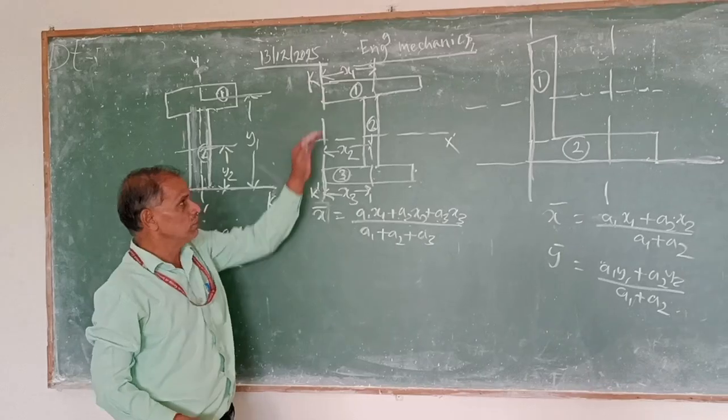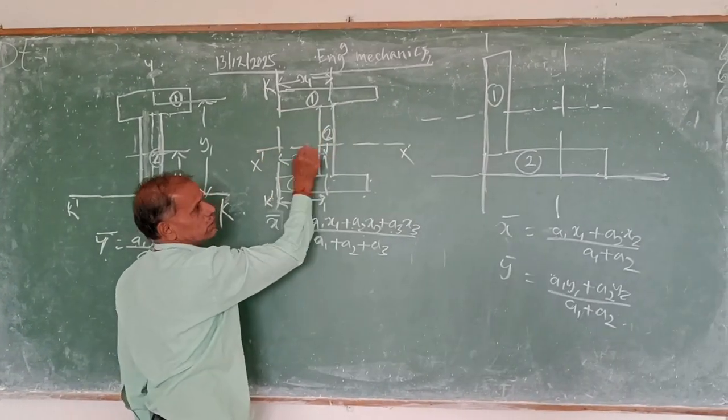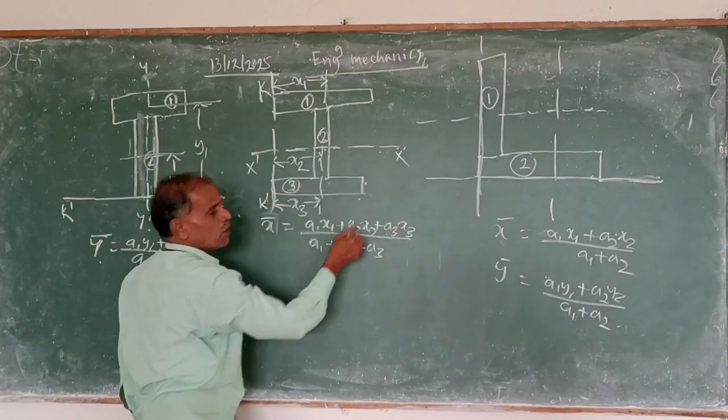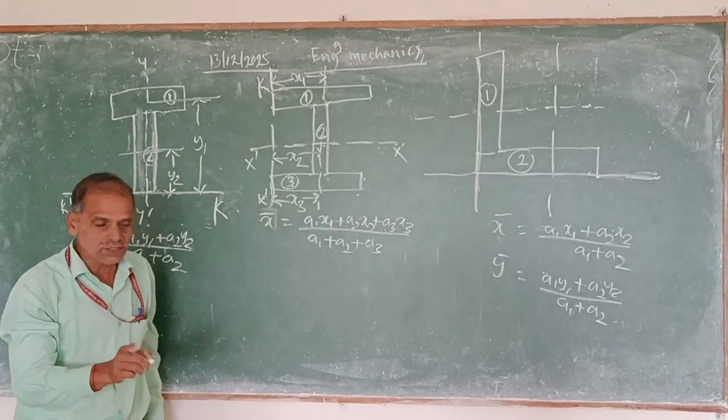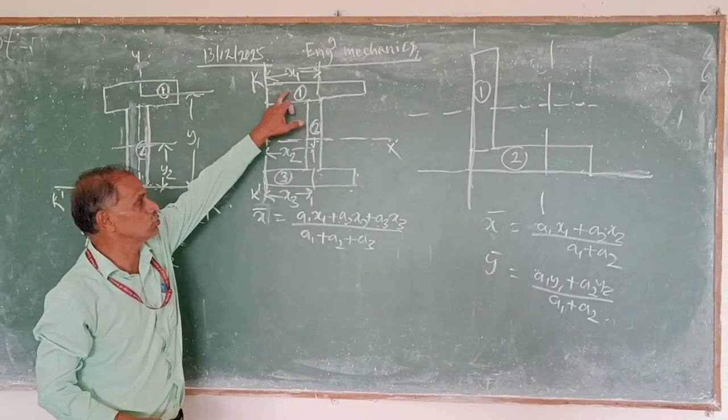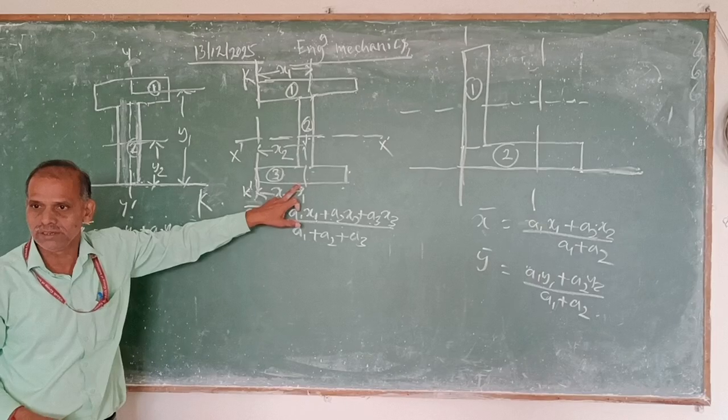In the second case, we have an I section which is symmetrical about the x-axis. In this case, we will take three sections, section 1, section 2 and section 3.